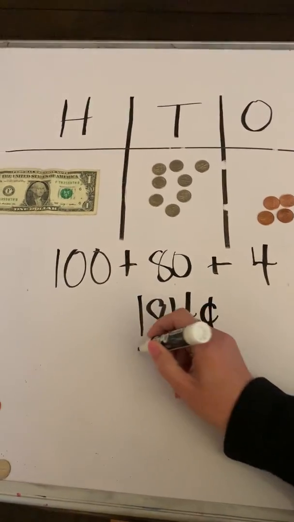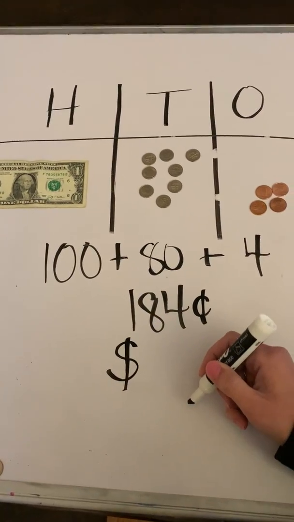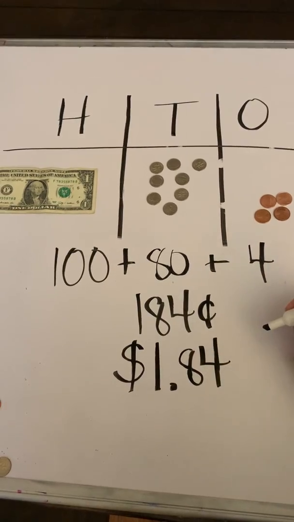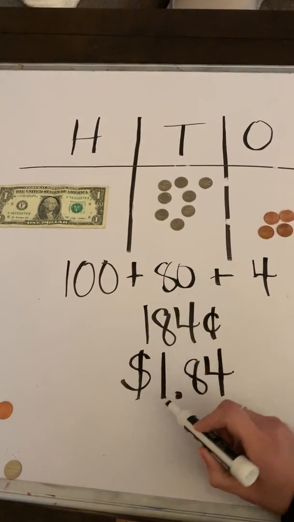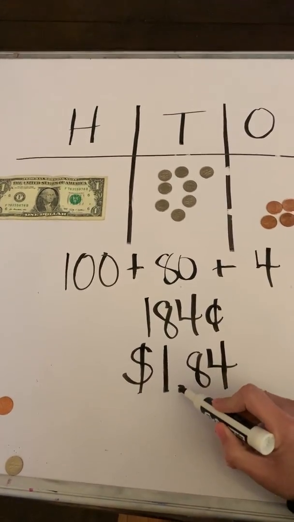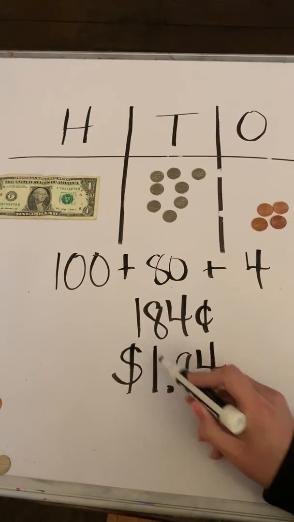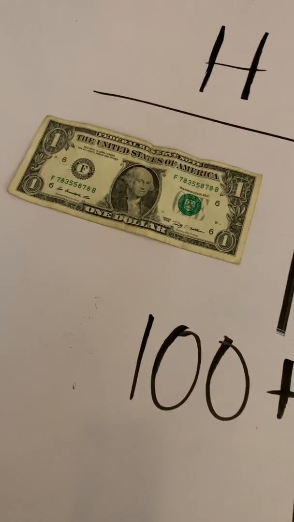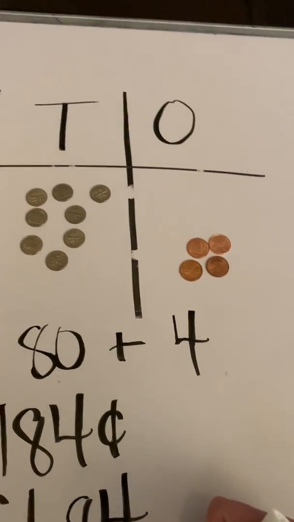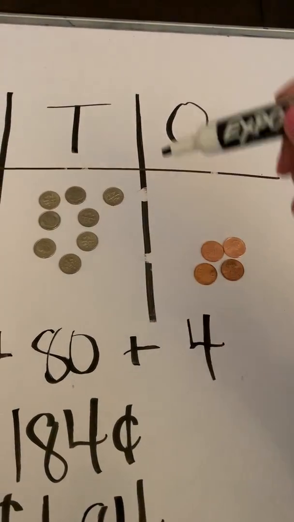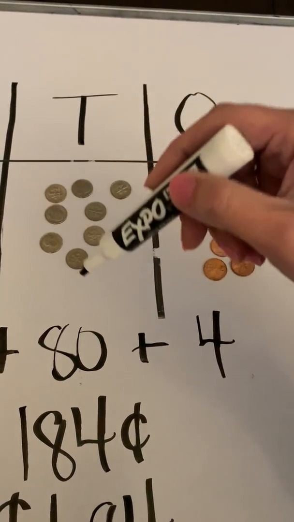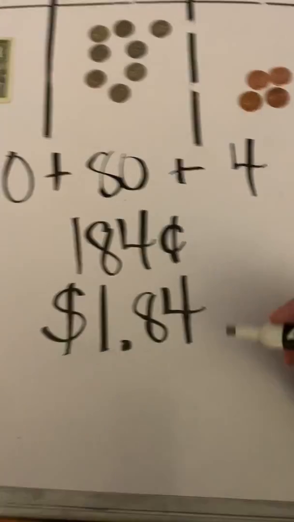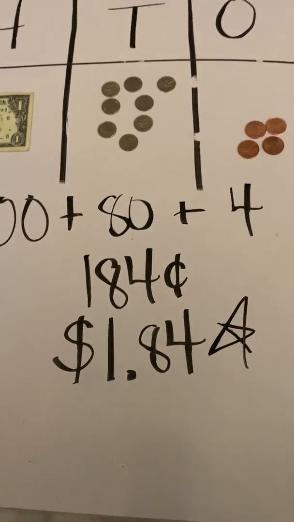To write that the other way, so let's see if that makes sense. $1, remember that decimal point means and, $1.84. Is that what we have? $1.84. 10, 20, 30, 40, 50, 60, 70, 80, 81, 82, 83, 84. Yep, we got it.